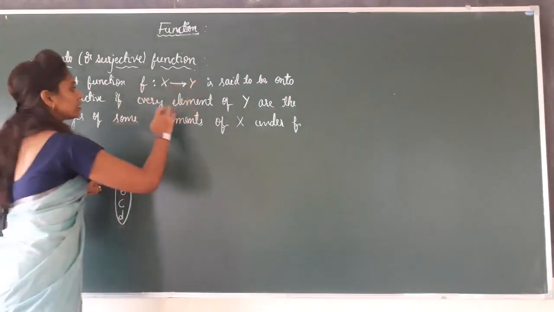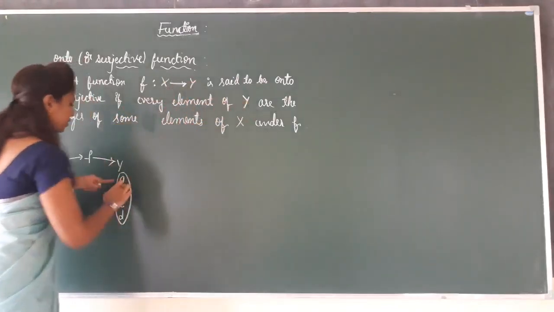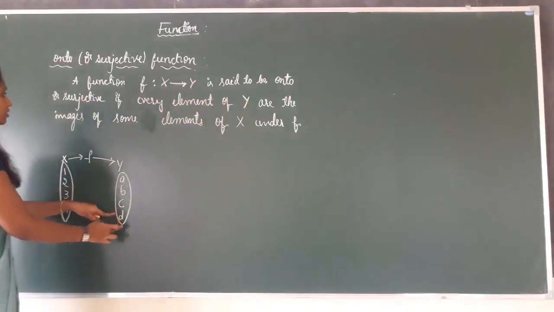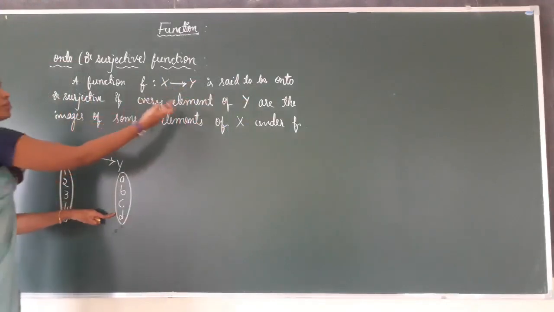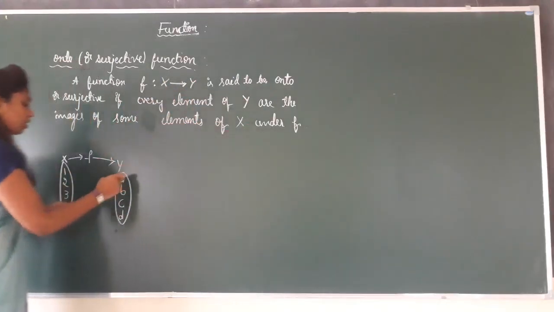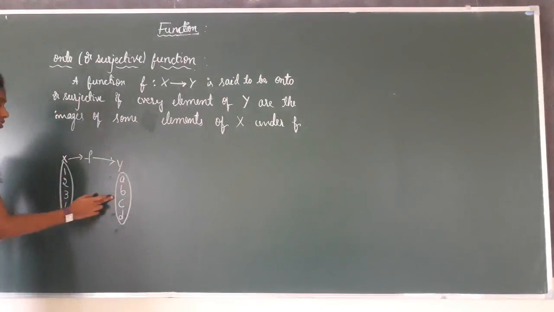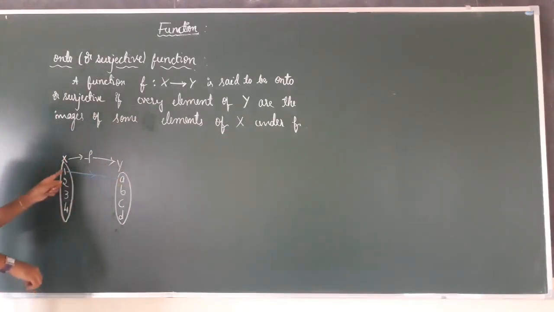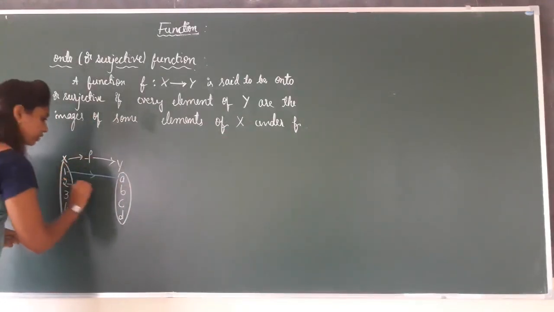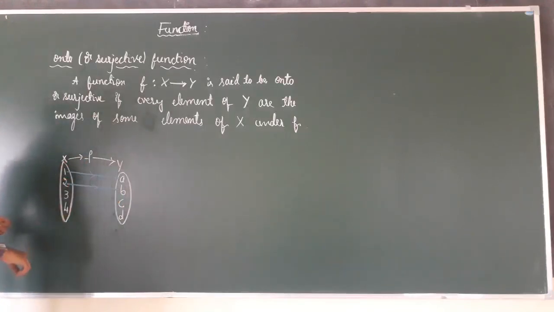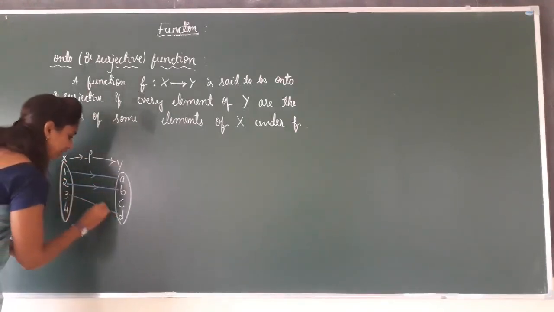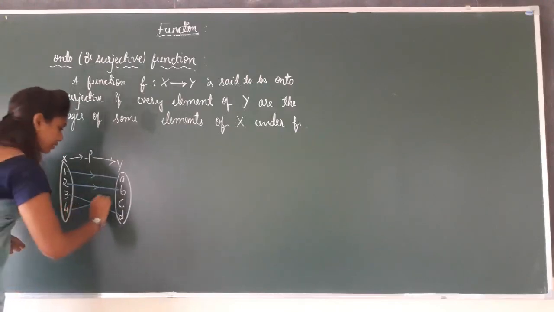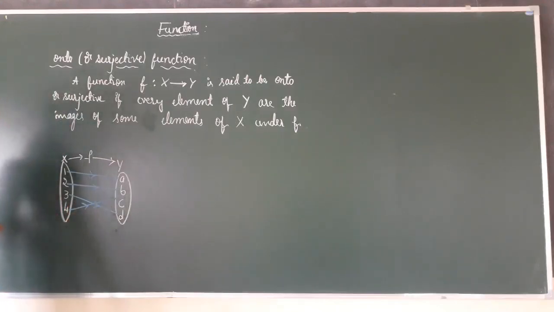What is onto here? Every element of Y, that is a, b, c, d, are the images of some elements of X. That is, 1 is mapped to a, 2 is having the image b, 3 having the image d, 4 is mapping to c.